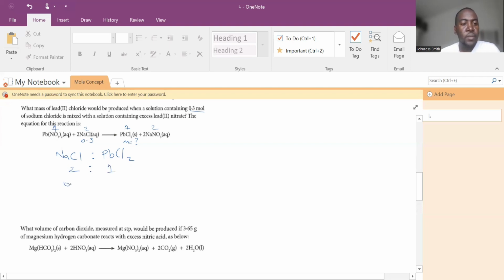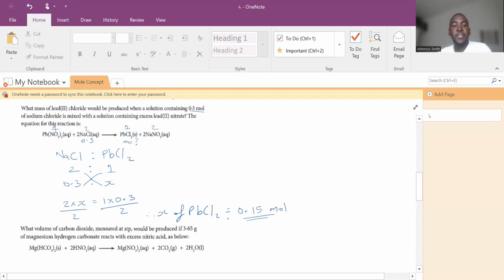But in this case, we use 0.3 sodium chloride. So we now equate it to X, because we need to know how many moles of lead chloride is produced. So again, it's 2 times X equals 1 times 0.3. Divide by 2 on both sides. So the number of moles of PbCl2 would be 0.15 mole.